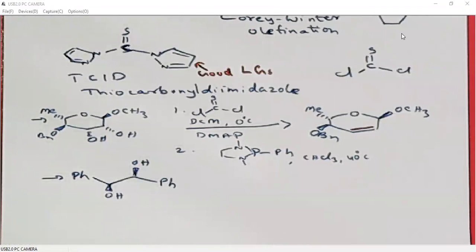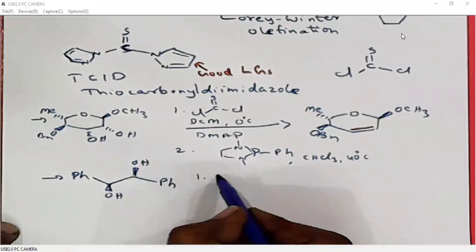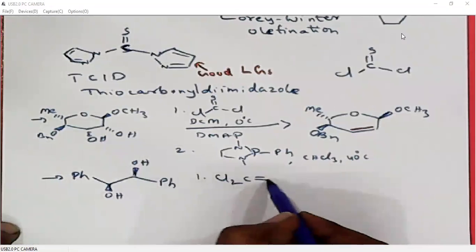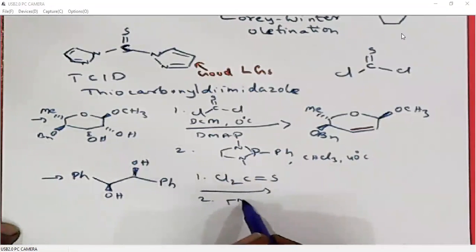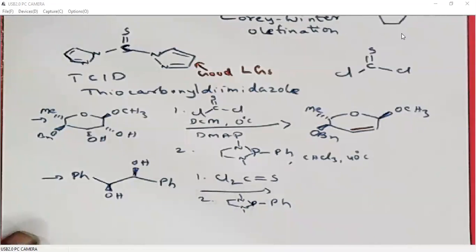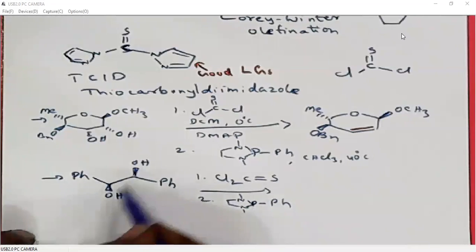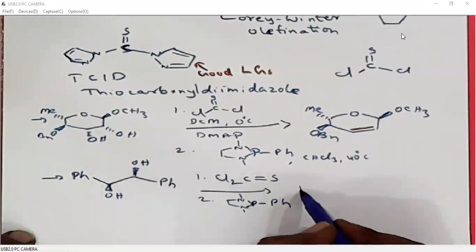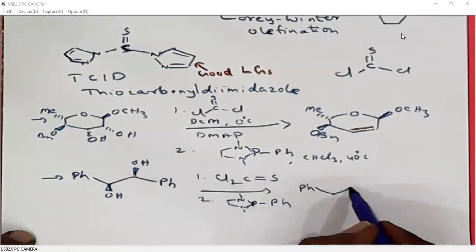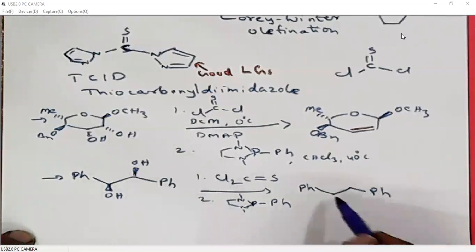Corey-Winter olefination is a stereospecific syn elimination. So, based on the stereochemistry of the diol, the alkene stereochemistry will depend.